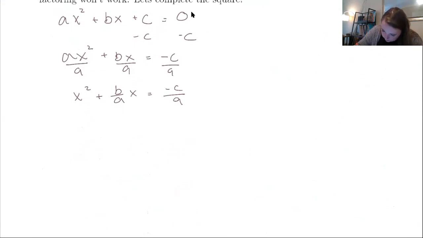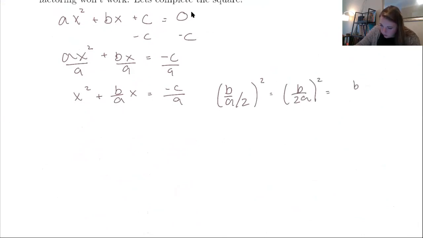So it would be b over a over 2, that quantity squared, which is b over 2a squared, which is b squared over 4a squared. Oops, not 2a, 4.